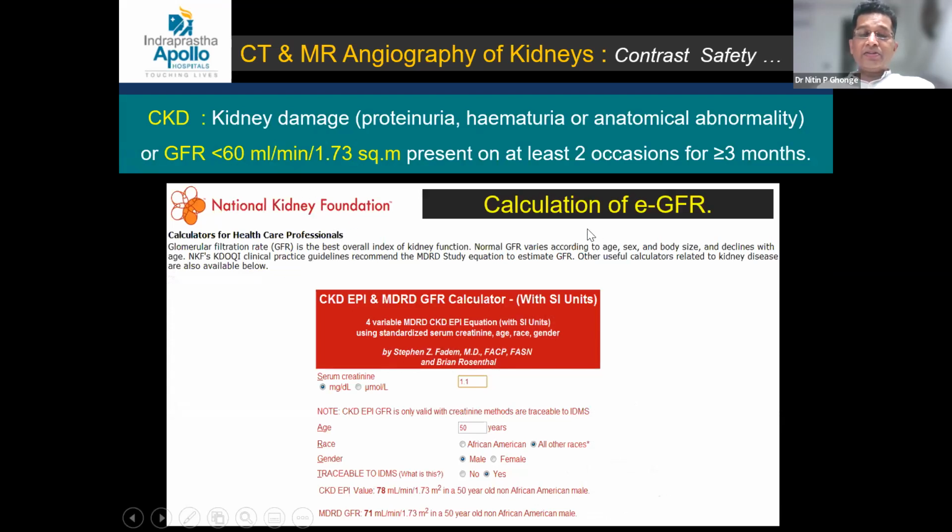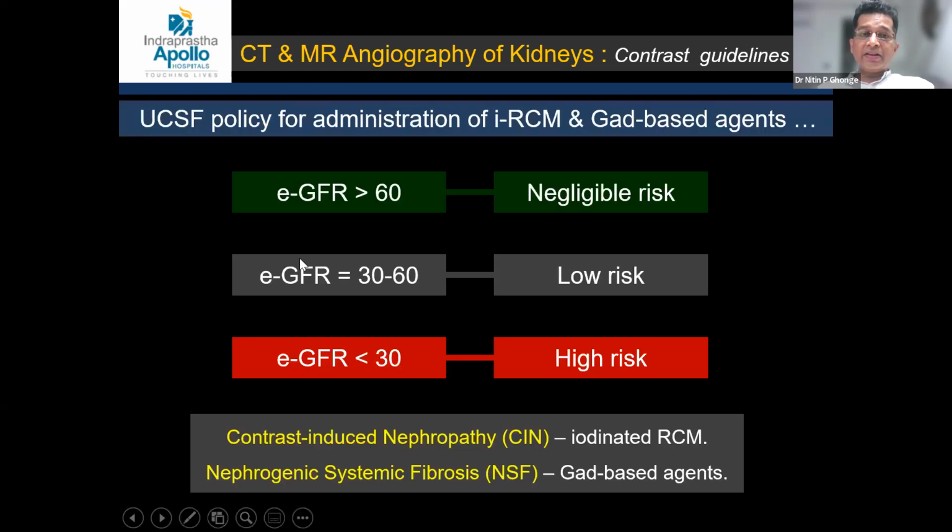So it is important to understand the contrast safety in CT and MRI. eGFR is very important to be calculated before giving CT or MRI contrast. If the eGFR is more than 60, then there is negligible risk. If it is less than 30, there is high risk of contrast induced nephropathy with iodinated contrast media, which is the CT contrast, and nephrogenic systemic fibrosis with gadolinium-based agents.